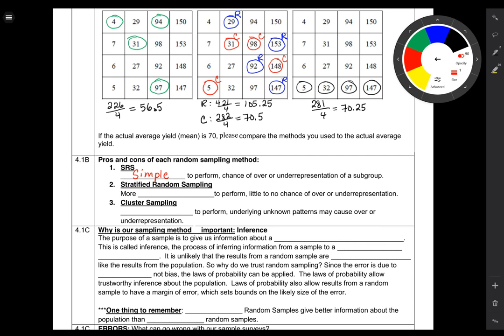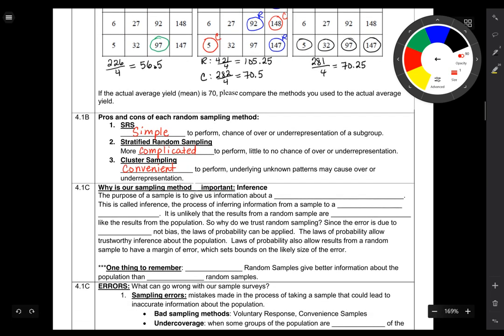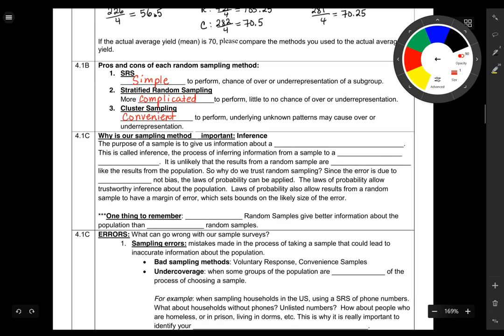Stratified random sampling is more complicated to perform, but there's little to no chance of over or under representation. And lastly, a cluster sample is convenient to perform, but underlying unknown patterns may cause over or under representation. So there are pros and cons of each random sampling method.